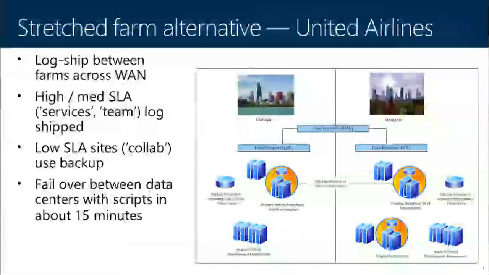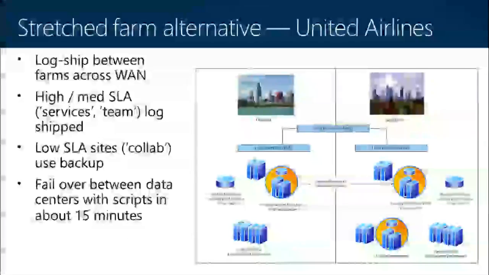And they've tiered their SharePoint databases so that some databases have a high or medium SLA and are log shipped, while others, from a content database perspective, have a lower SLA, and so they're backup restored. That's the model they're using. Their ability to fail over is to be able to fail over within 15 minutes using scripts to automate that process. So log shipping is a very common way to do it.